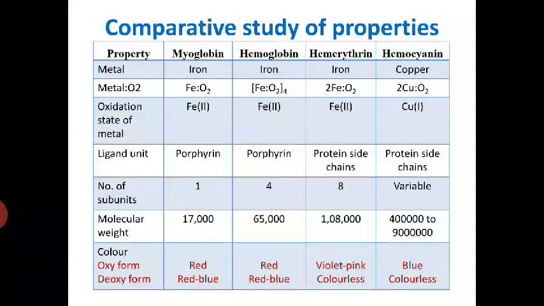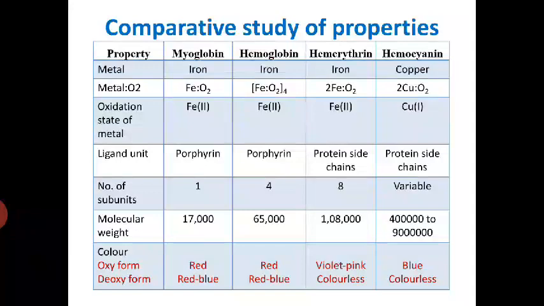Then coming to the next property, that is oxidation state of metal. In hemoglobin, myoglobin and hemerythrin, iron is in +2 state, that is iron(II). Whereas in hemocyanin, copper is in +1 oxidation state. That means all these metal atoms are in lower oxidation states in respiratory pigments.